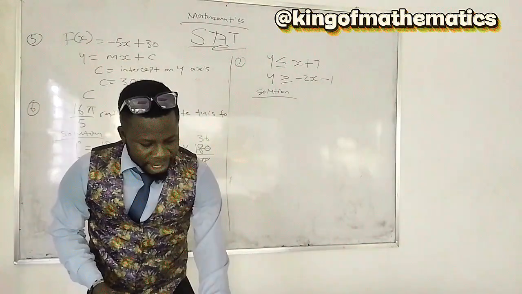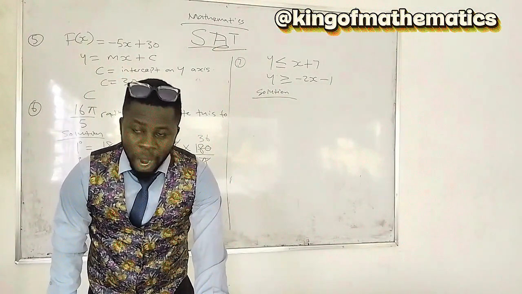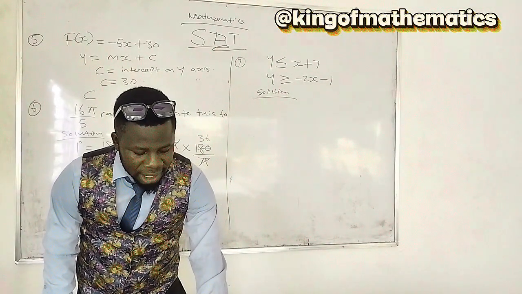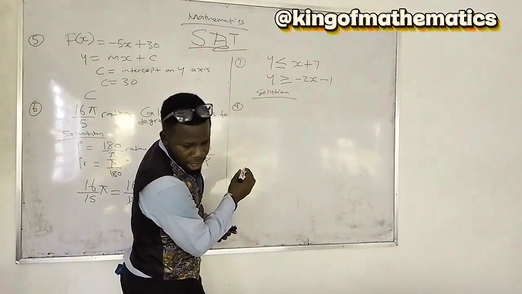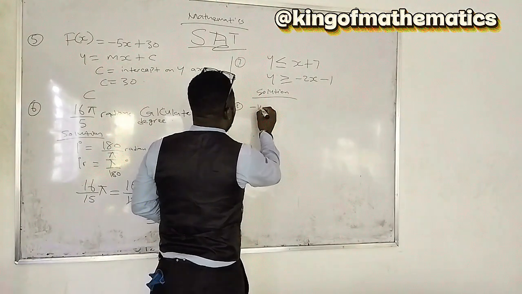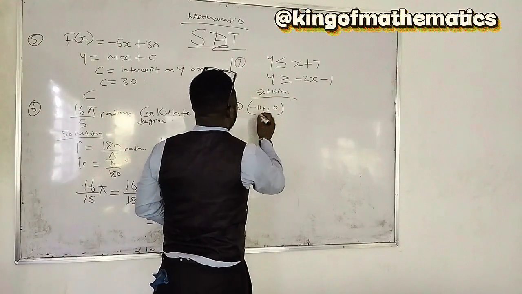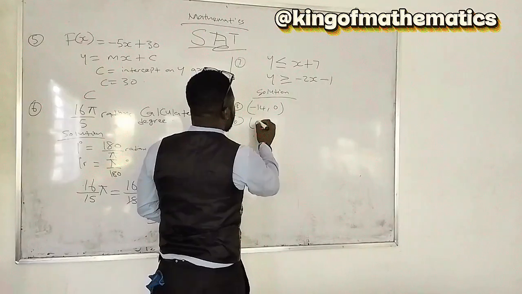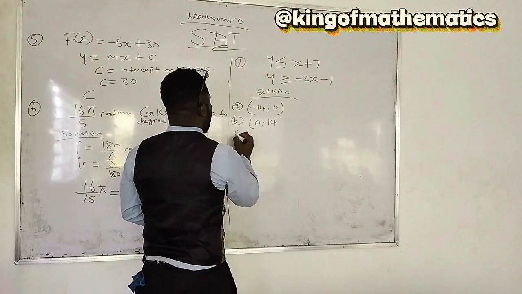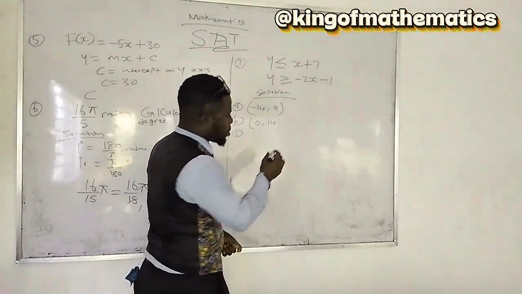So if you now check the different options that you have, the first one, they gave us A: minus 14, 0. B is 0, 14.